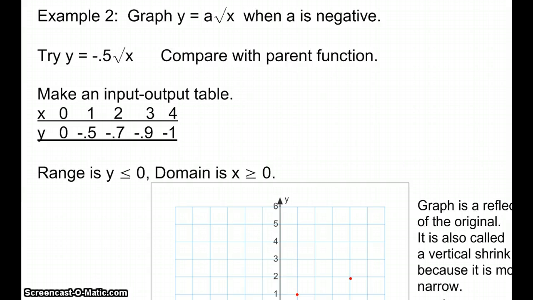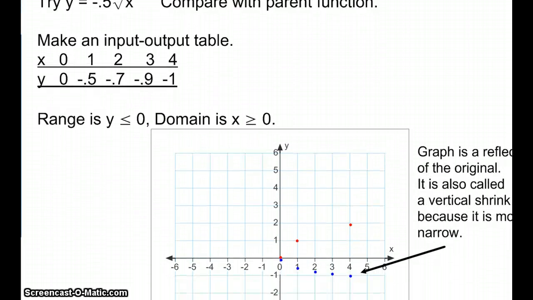You can see because x is underneath the radical again, the domain of x must be greater than or equal to 0. The range as well is y is less than or equal to 0, though, because we're multiplying the x values by a negative value, by a negative 0.5, so the range is going to be less than 0 or negative each time.